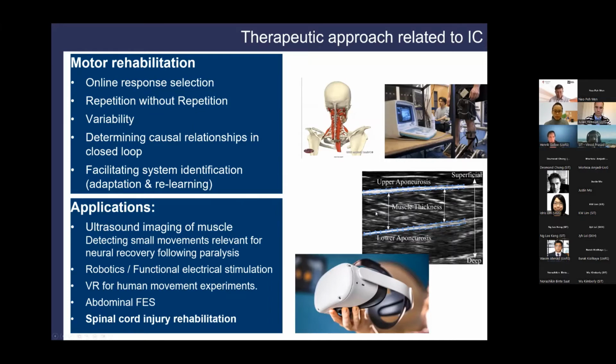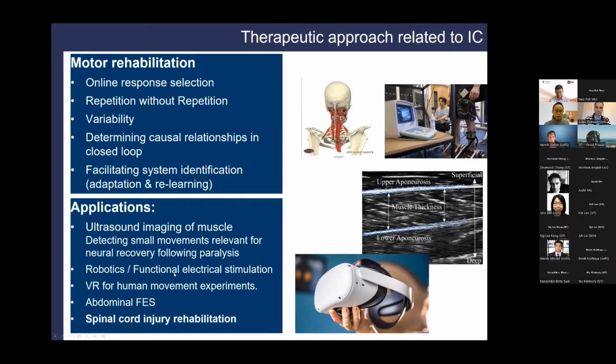We were able to detect very small movements, for example, in spinal cord injury, which appear to be very relevant to neural recovery following paralysis.